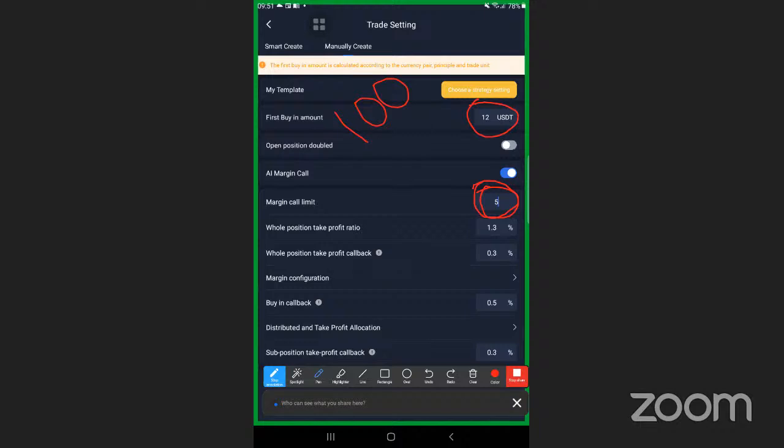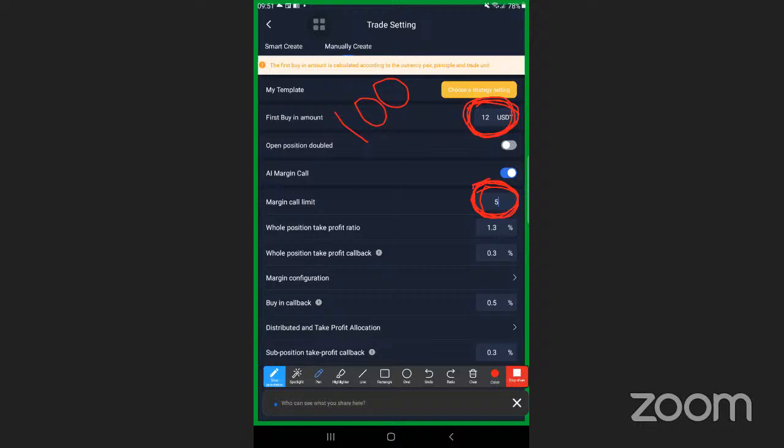The moment we click activate and the robot enters the market for the very first time with $12, this $12 is not included in the number of margin calls. Are we together? This first buy is not included in the number of margin calls indicated here.